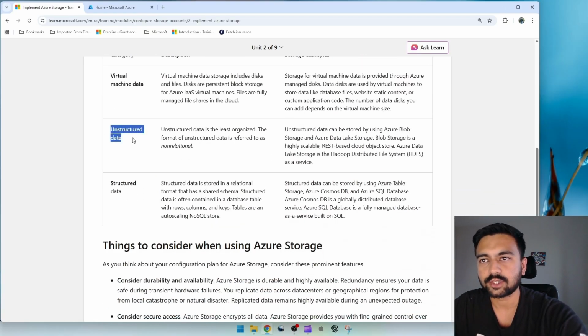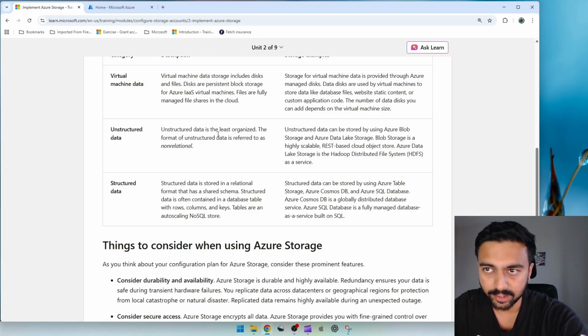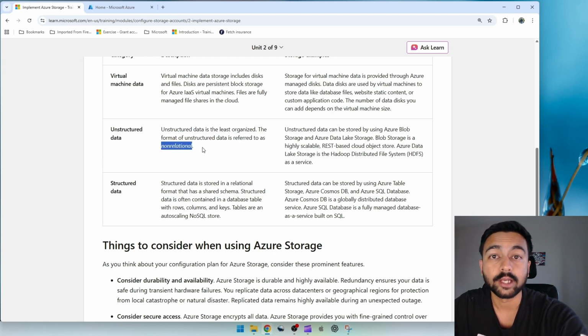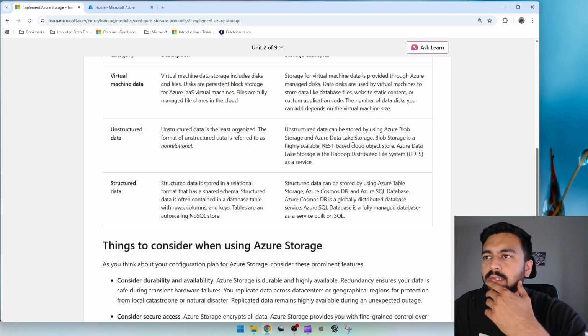Unstructured data. What is unstructured data? It's least organized, and it's also called non-relational. Now, what does it mean? Unstructured data can be used by using Azure Blob storage, Azure Data Lake storage. We will learn all this in detail in the later topics.